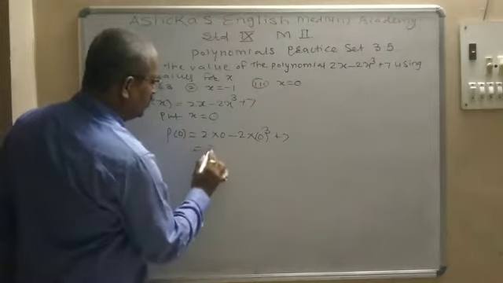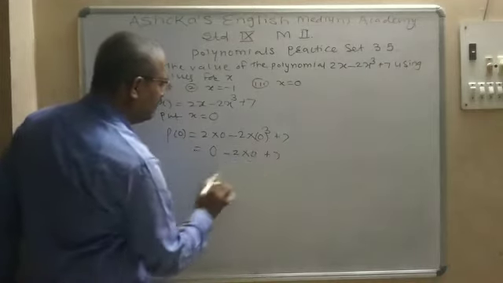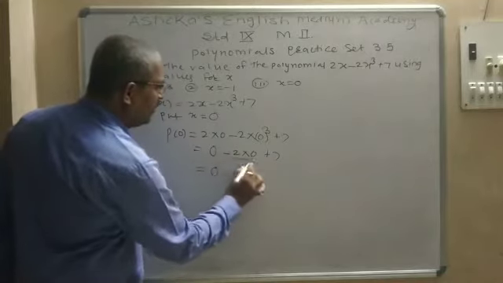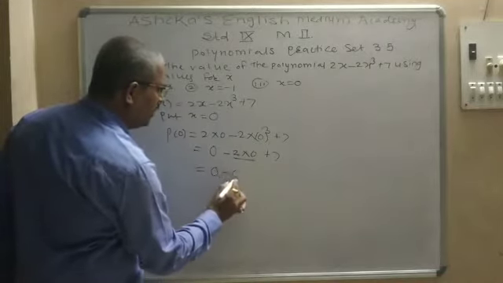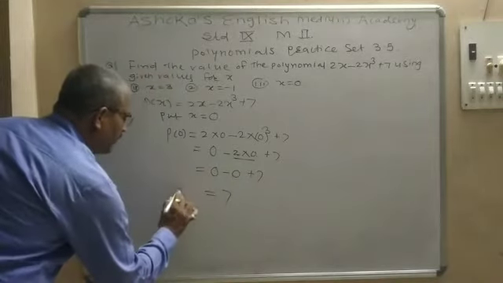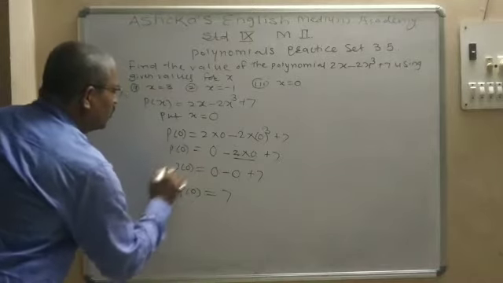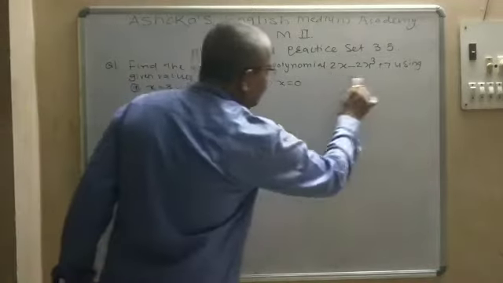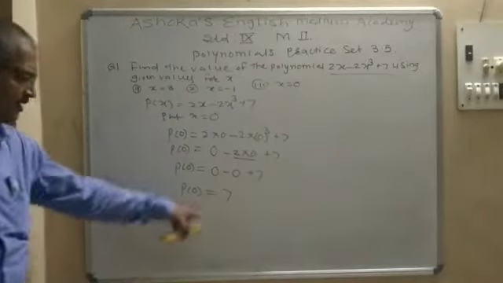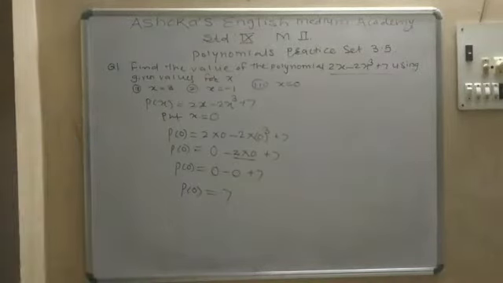Therefore 2 zeros are 0, minus 2 into 0, that is 0, plus 7. So the answer is 7. Therefore for x is equal to 0 the value of this polynomial is 7. Now we will go to question number 2.